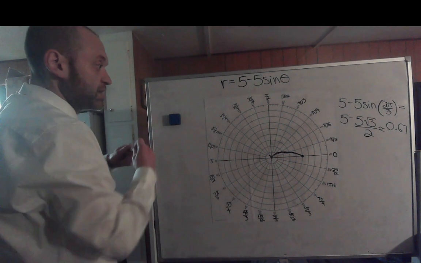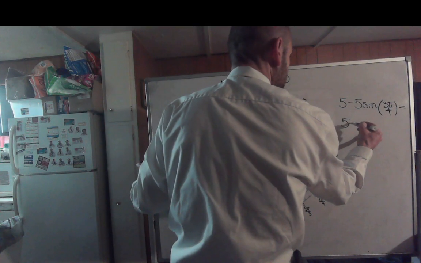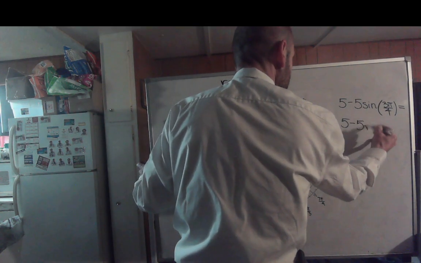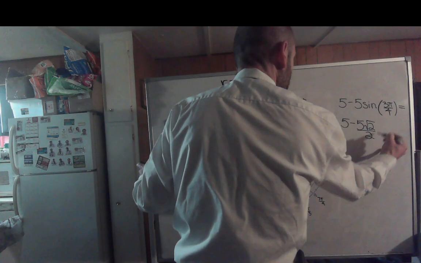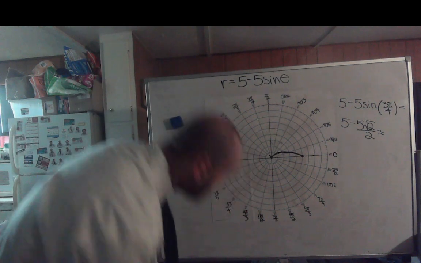Alright, so the next special angle is 3 pi over 4. So we're going to take 5 minus 5 times the sine of 3 pi over 4, which would end up giving you 5 minus 5 times the square root of 2 over 2, which should give us a decimal approximation.